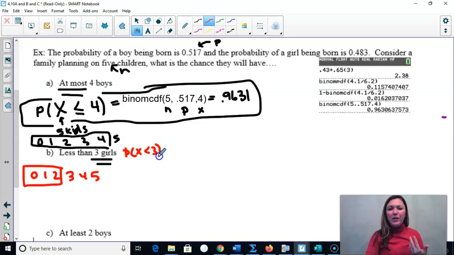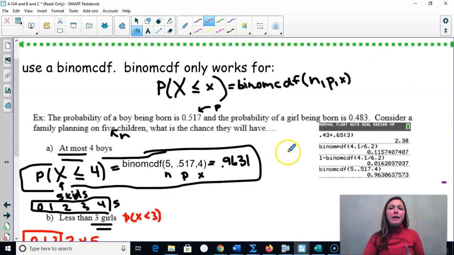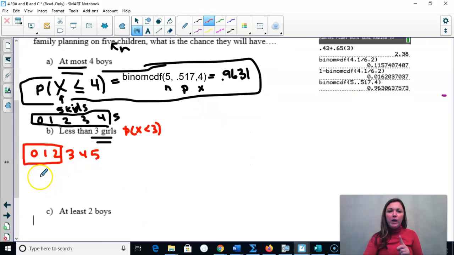I mean, I could, but I feel like that could really cause some problems for some of you. Why? Because the CDF only works for a less than or equal to. So what do I want? If I'm going to have 5 kids, that capital letter X, I'm going to have less than or equal to 2 girls. That's the same as less than 3 girls. That's why I think it's really helpful to write this out right here.